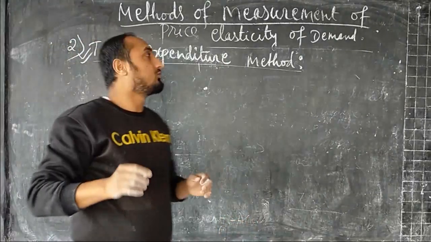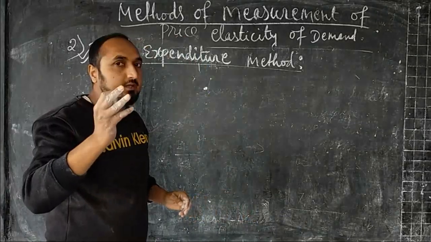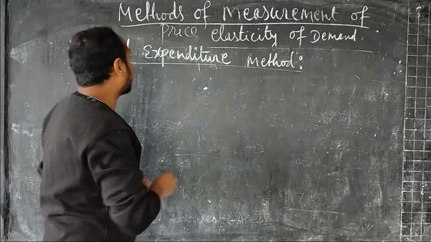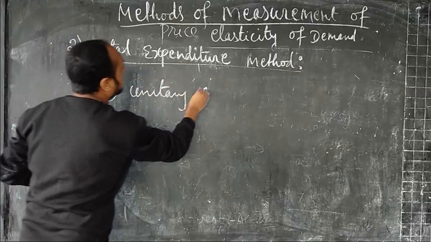By using this total expenditure method, we can measure only three categories of elasticities. Number one, unitary elastic.